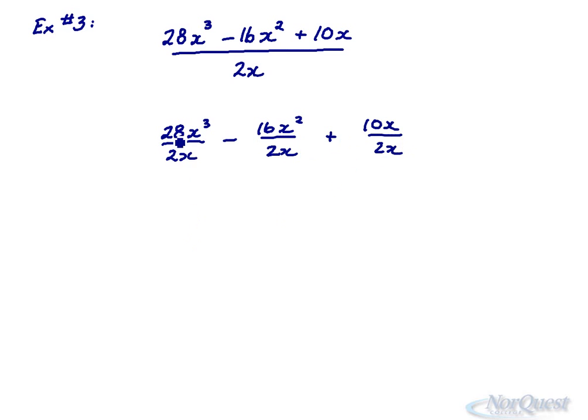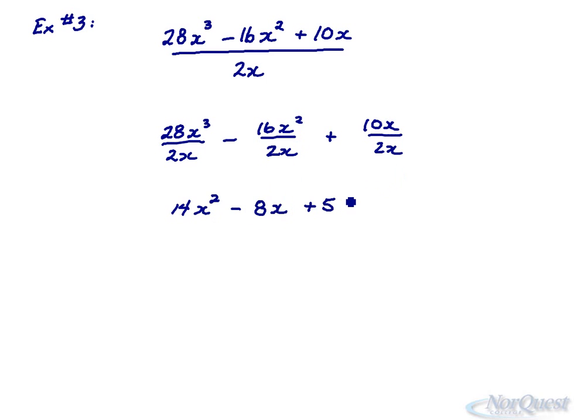So let's simplify. 28 divided by 2 gives us 14. X cubed divided by x gives us x squared. 16 divided by 2 will give us minus 8. Again, x squared divided by x will give us x. And 10x divided by 2x will give us plus 5.